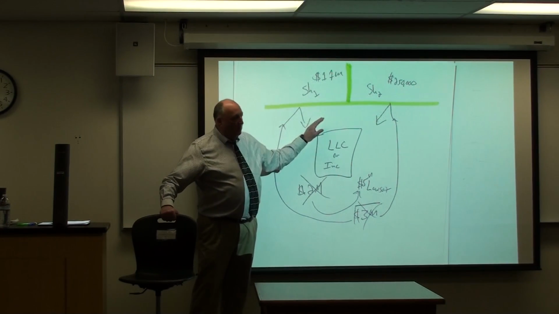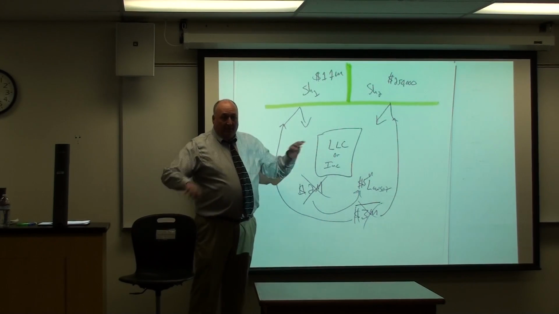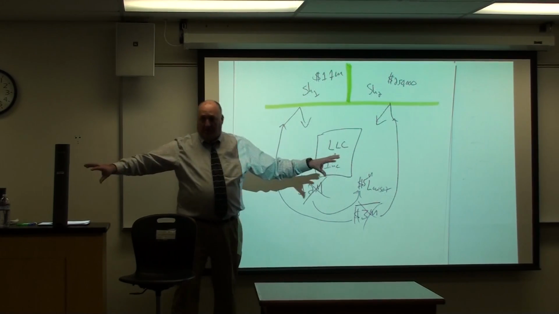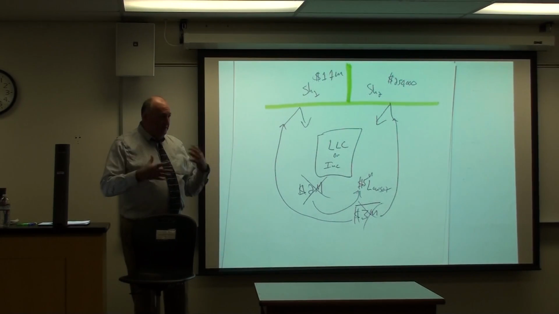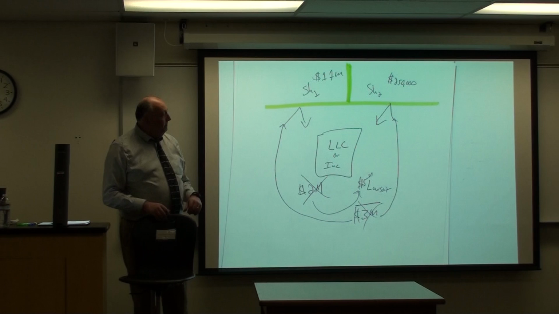It's called piercing the veil. And so that's why you have to maintain separate checking accounts, separate ownership interests, lease agreements. You have to have everything documented, and you have to keep up on it.